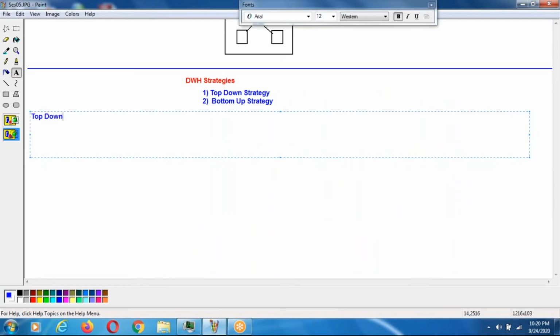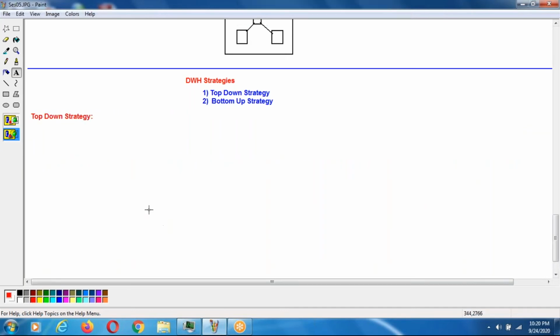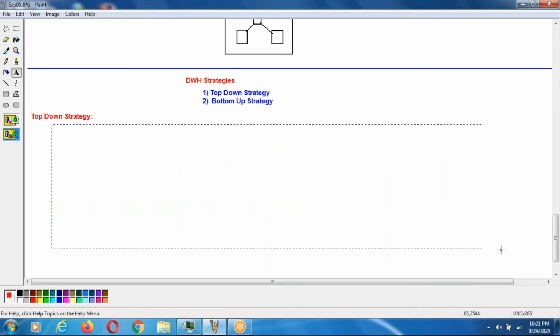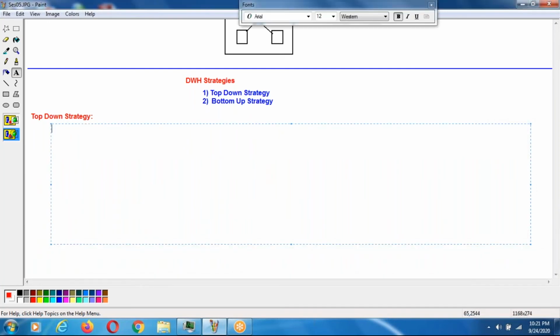If you take the first one, the top-down strategy, usually you will have a star schema, snowflake, or something like that. But these strategies talk about subjects and a concept called the enterprise warehouse.